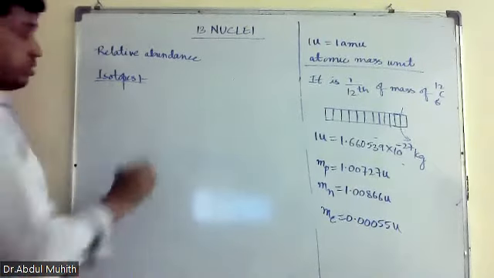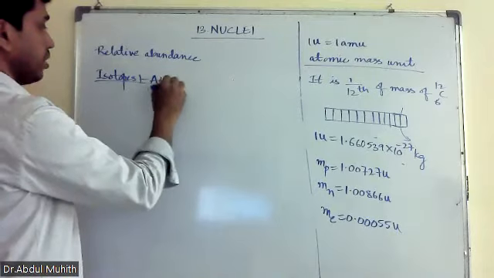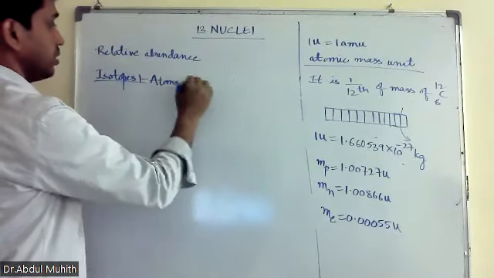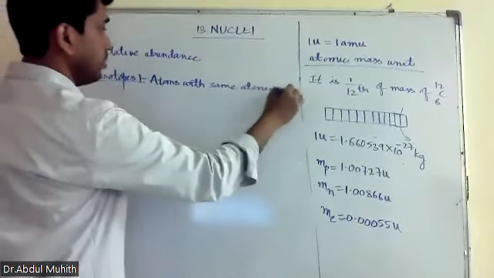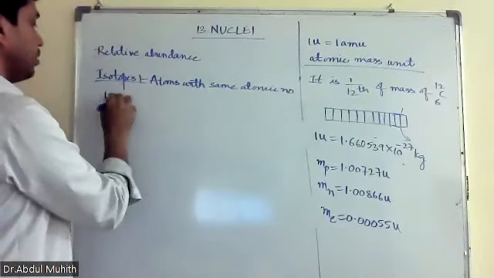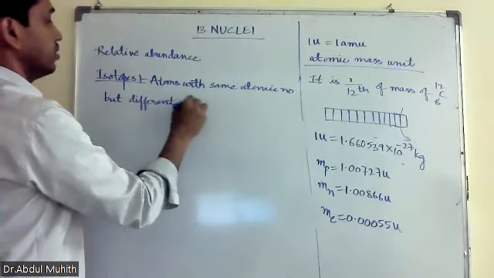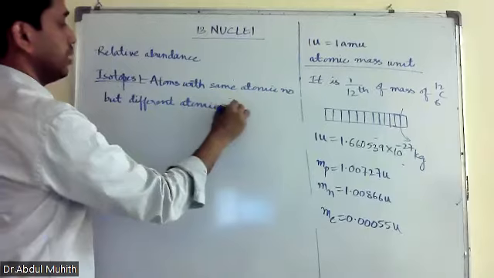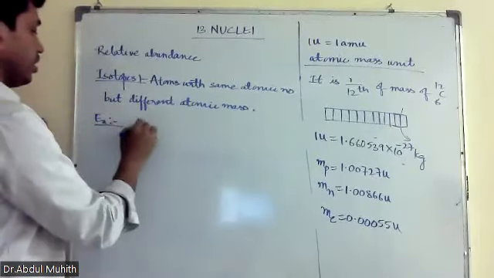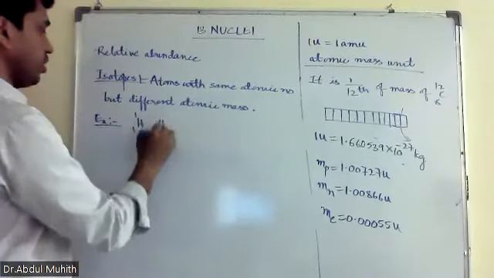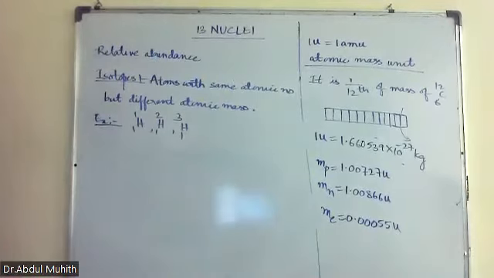Isotopes are atoms with the same atomic number but different atomic mass. Same atomic number but different atomic mass is said to be an isotope. Examples of isotopes are H-1, H-2, H-3.